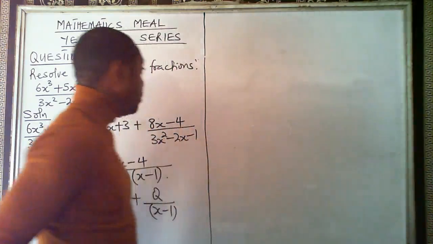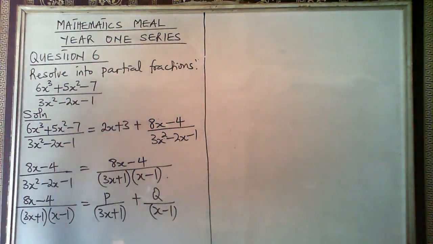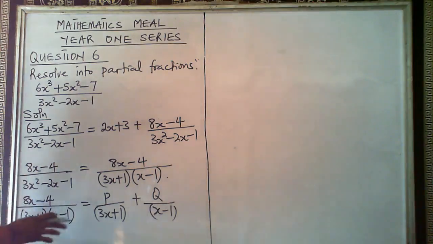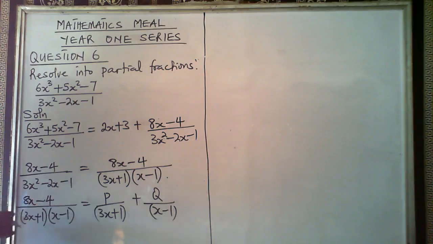Okay, so the business will now begin. So we need to clear the fraction. That's the next thing. Multiply both sides by what? By the denominator of the left hand side. If this multiplies this side, the whole of this will go.